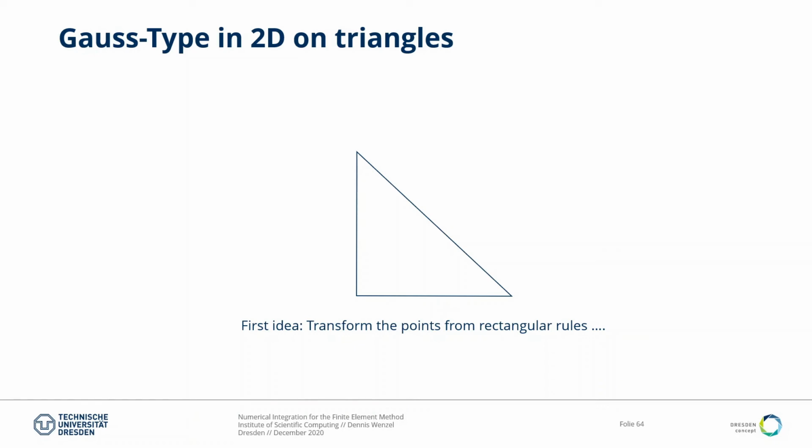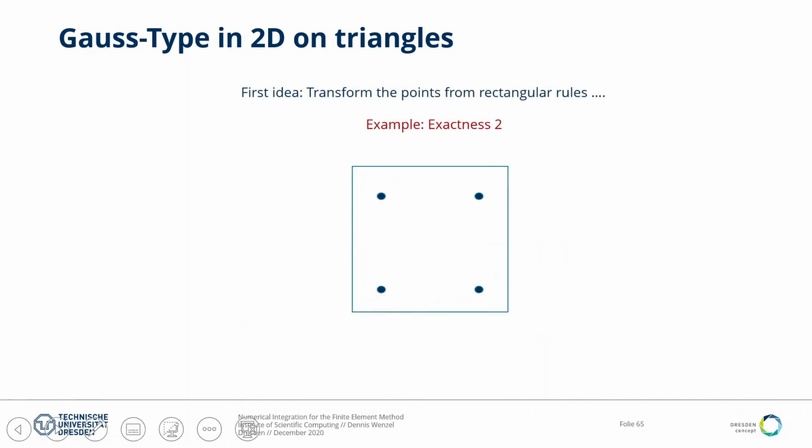But as you can already intuitively guess, transforming from a rectangular or a square shape, so 4 vertices, to a triangle with only 3 vertices, that's gotta be a terrible transformation. And indeed, if you, for example, consider this rule here, this is an exactness of order.